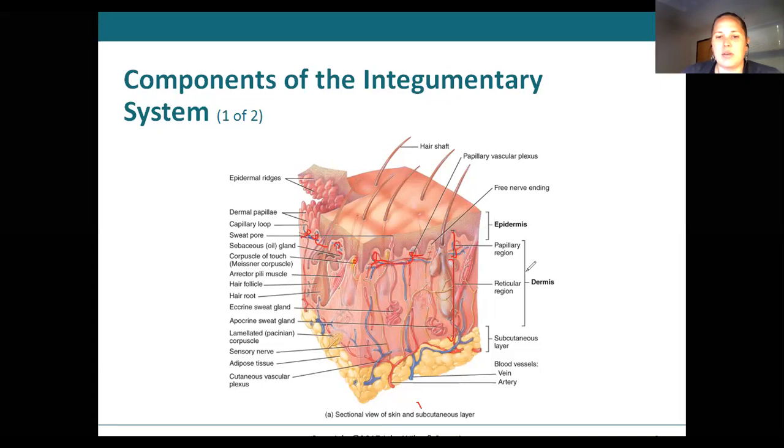And then deeper to that, you have your reticular region, which has all of these other structures present there. So the Pacinian corpuscle, the hair root, the eccrine and apocrine sweat glands are present there too. So I just wanted to come back to this because I think it provides a nice visual of these different regions.